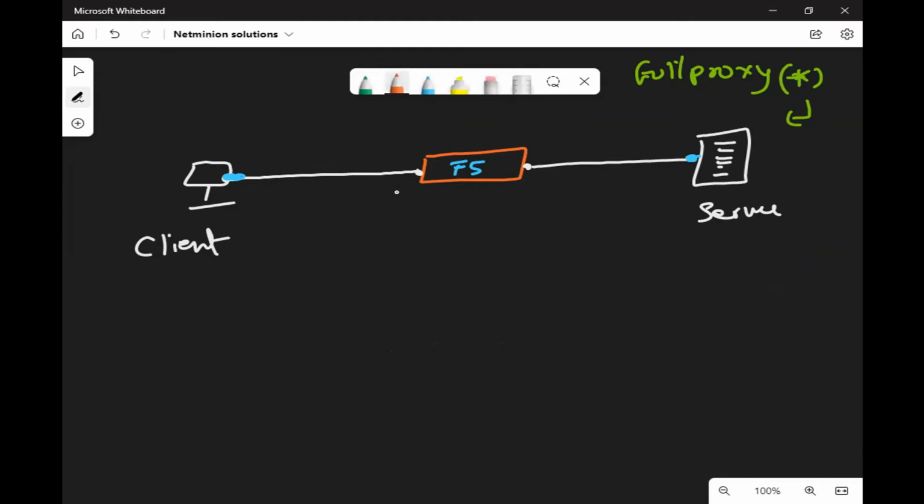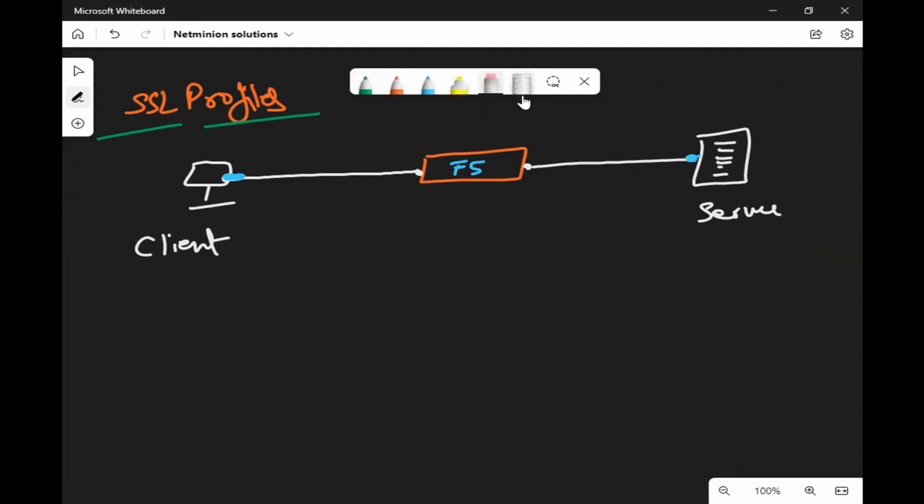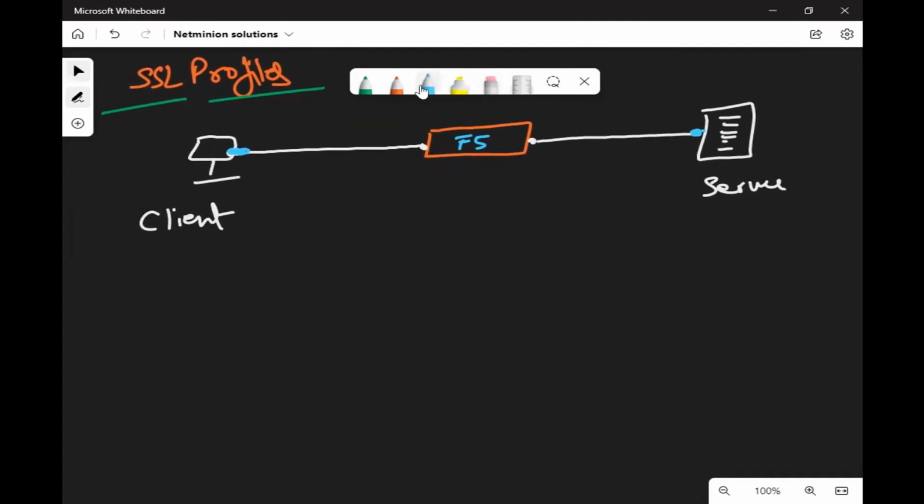Now, when you are talking about SSL profiles, in SSL profiles there can be three. Try to understand very minutely. You will be able to understand this part. And how it is three, that you check.